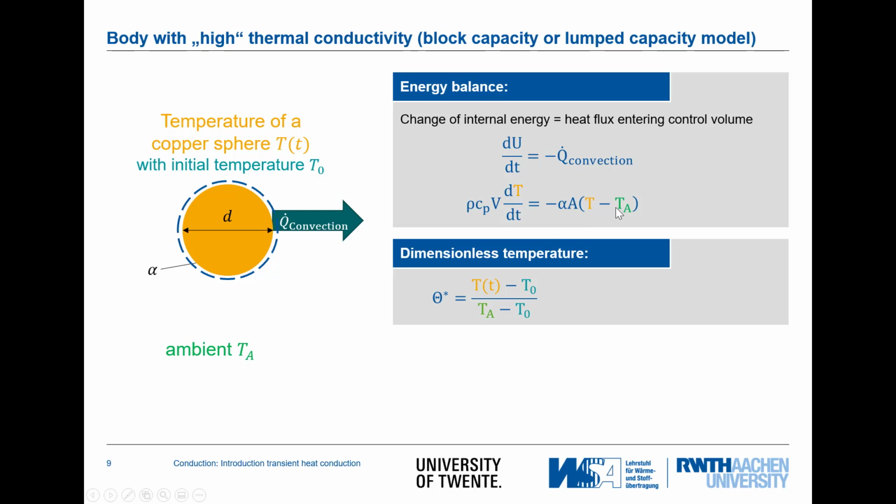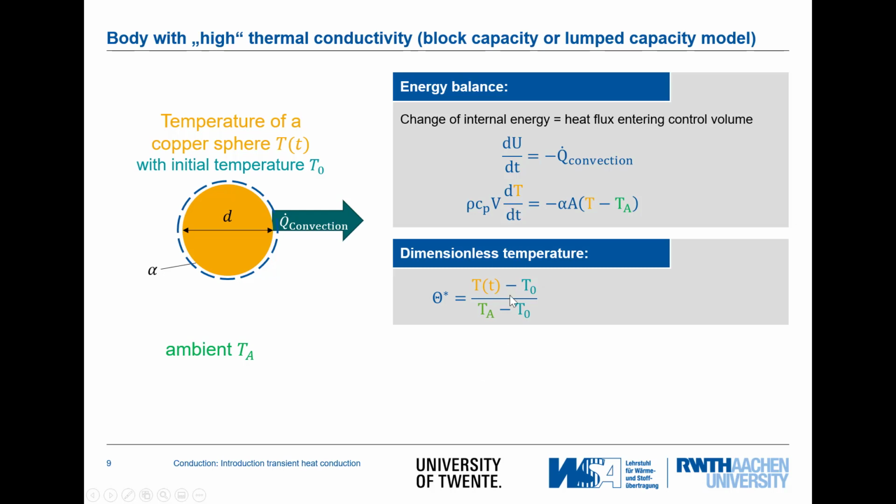We have already seen how we can solve this problem by defining a dimensionless temperature. We have done that already for the fin problem, and we do the same here. We define our temperature, theta star, equal to the temperature T of t minus T0 divided by TA minus T0.